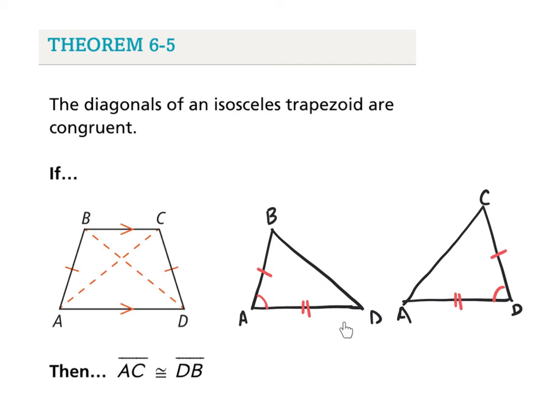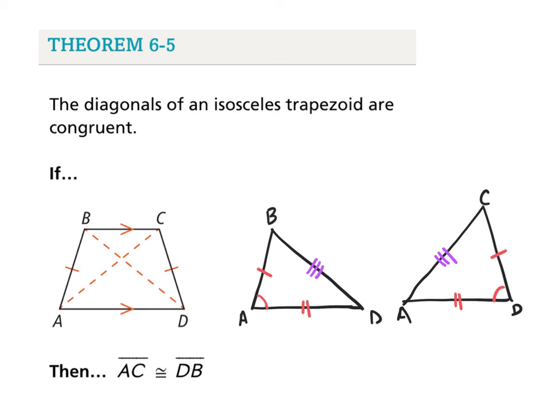That would mean that these two triangles are congruent by side, angle, side. And now once we say that these triangles are congruent, it would mean that segment BD and segment AC are congruent, because once we can say the triangles are congruent by side, angle, side, we can then say that all of their parts are congruent using an idea called CPCTC.